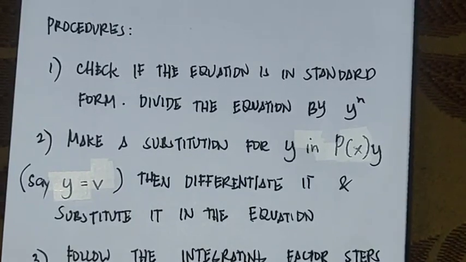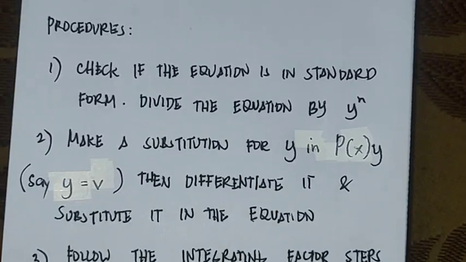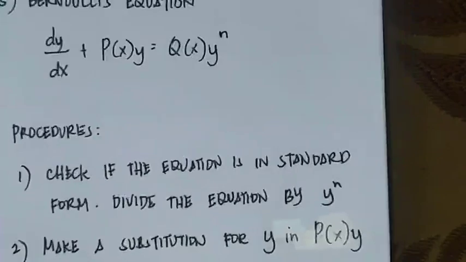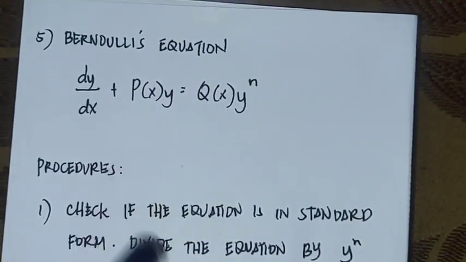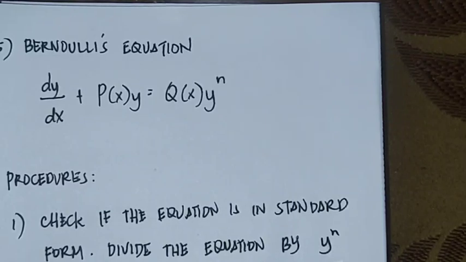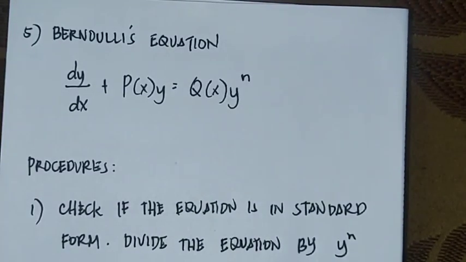Say y mo is equal to v. So gagawin mo ng v instead of y. Tapos differentiate mo yun pag na-transpose mo na, and then substitute it in the equation. So mamaya maintindihan nyo yan. Pero di ba, halimbawa, nag-let ka na yung y mo dito sa p of x y as v. Kapag ginawa mo yung derivative ng v with respect sa independent variable, ganun din gagawin sa kabilang side. Just substitute mo lang.